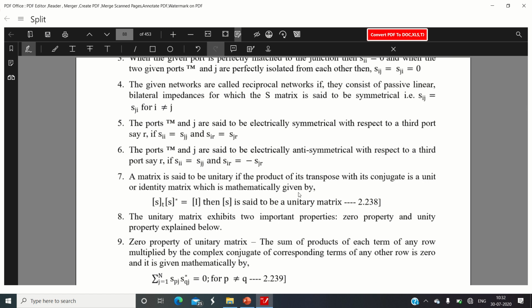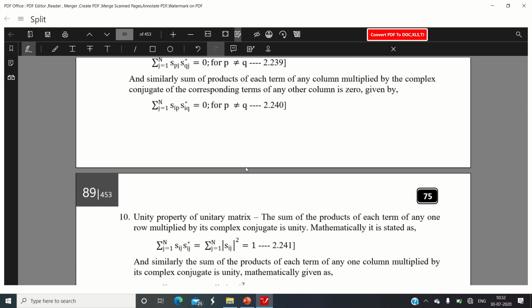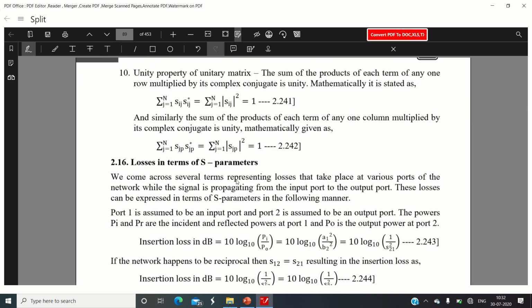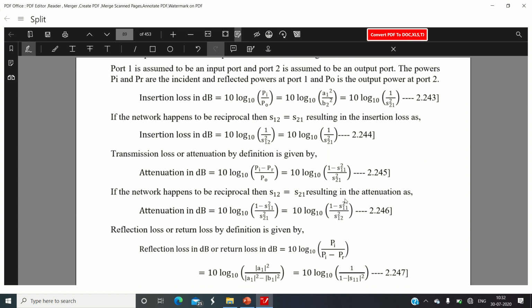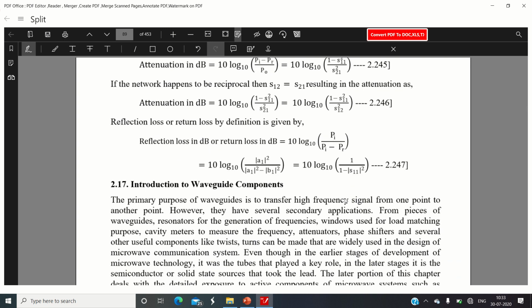We already studied those in detail: zero property and unit property. We also studied what we mean by zero property of the matrix, as well as what we mean by unitary property of the matrix. And also we saw the different types of losses which are expressed in terms of scattering parameters. That time we discussed three distinct types of losses, including insertion loss, attenuation or the transmission loss, and reflection or return loss.